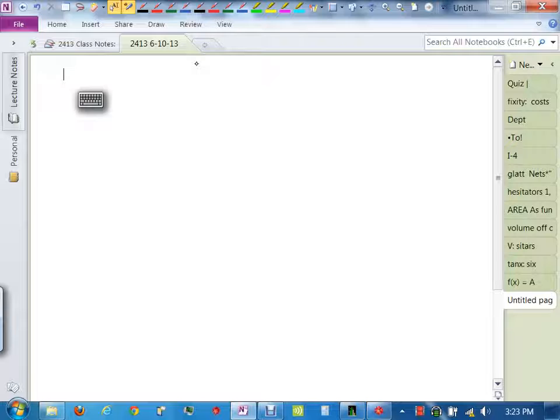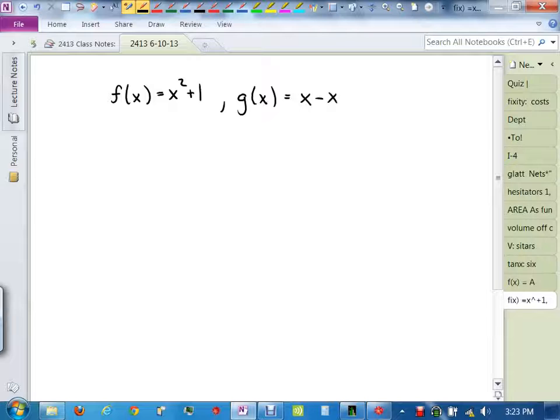I give you two functions. They are f of x equals x squared plus 1, and g of x equals x minus x squared. So let's find this first thing, f plus g of x. So what do you do when you see that?